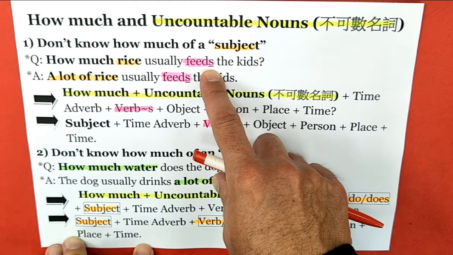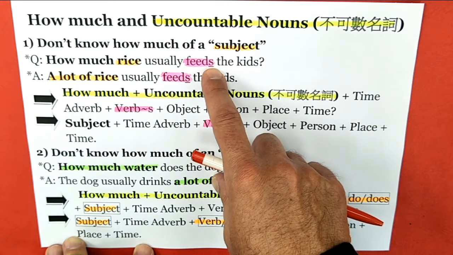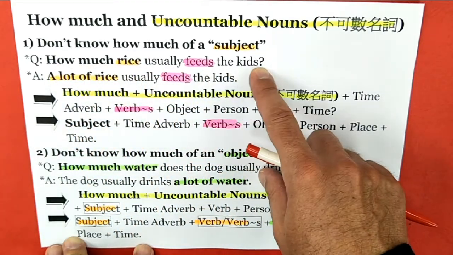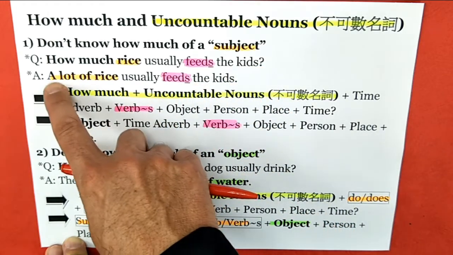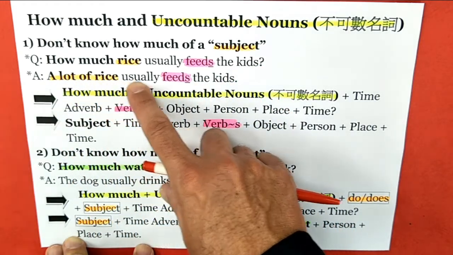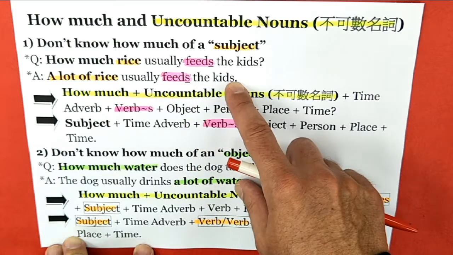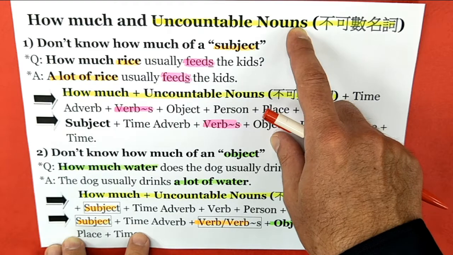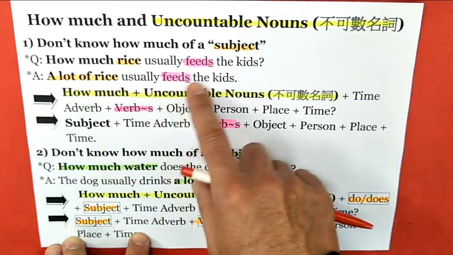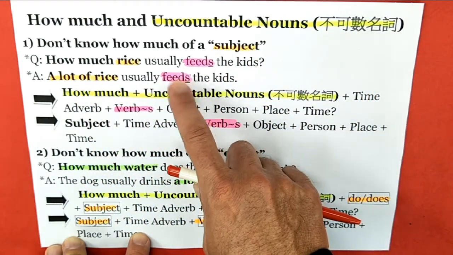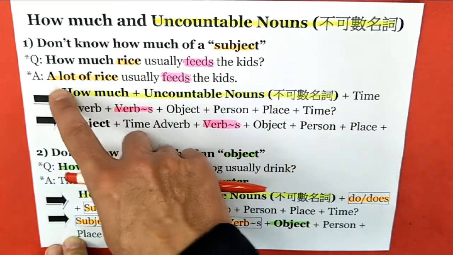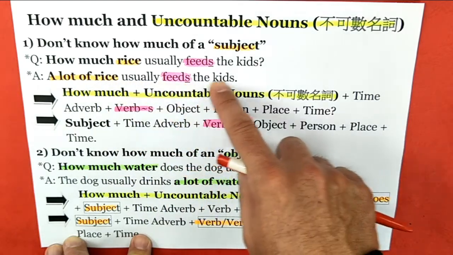This verb must have an S. Must have an S. How much rice usually feeds the kids? Answer. A lot of rice usually feeds the kids. Look at that. The subject is an uncountable noun. No plural. So the verb is verb plus S. How much rice usually feeds the kids? A lot of rice usually feeds the kids.